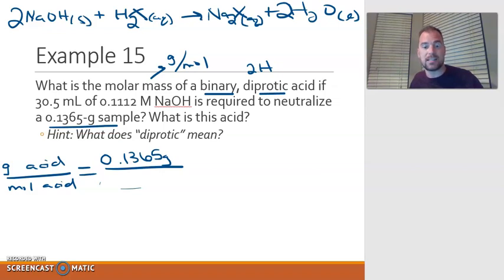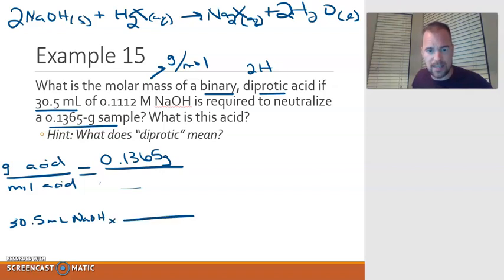And you probably can guess at this point, where are we going to find that out? You're going to find it from stoichiometry. So you know you have 30.5 milliliters of the NaOH. Now, first step of stoichiometry, let's get that converted to moles.